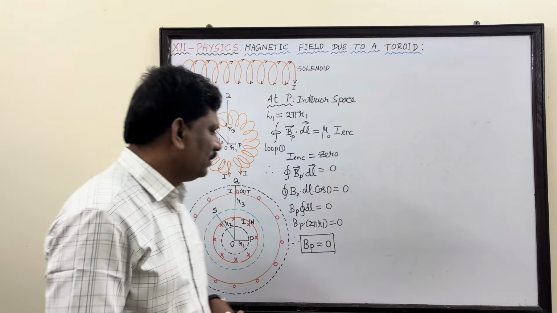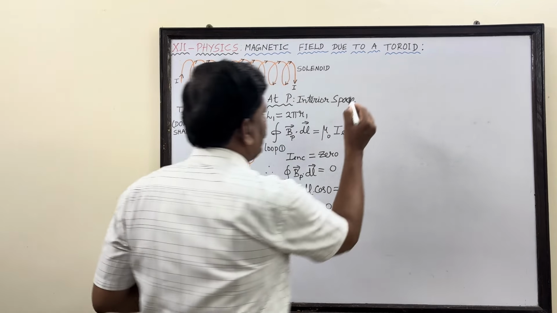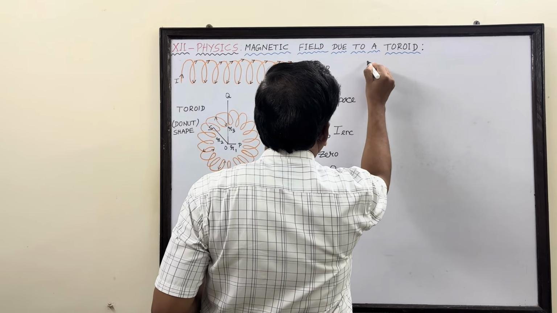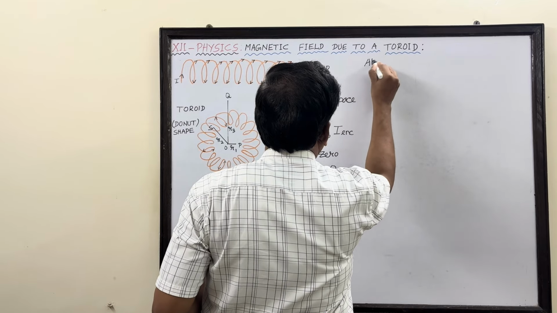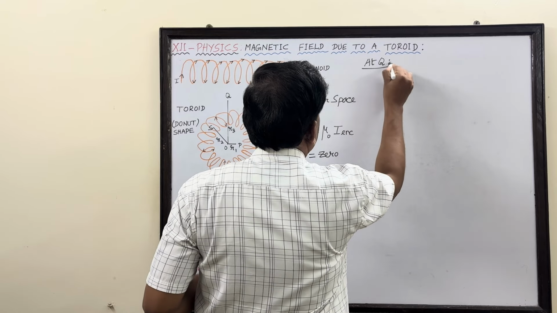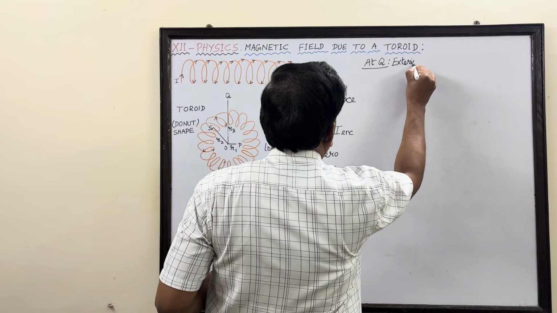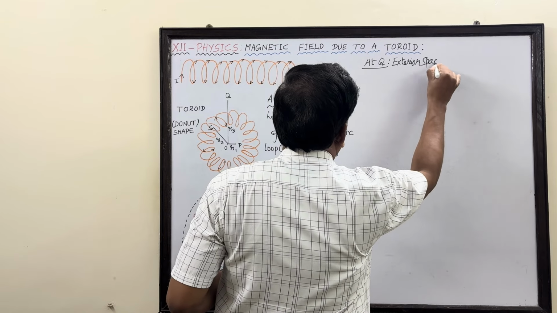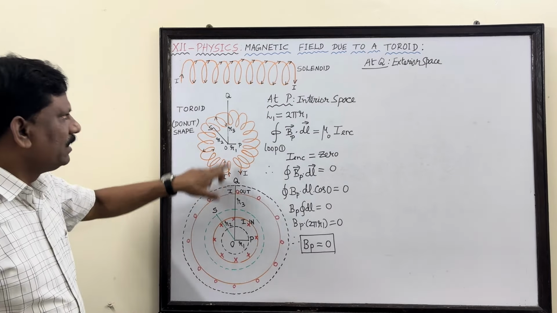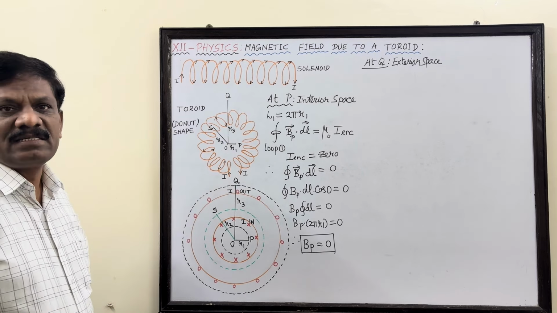Okay. Now let us take another point in the exterior space. So I will take point Q. So at Q, this is in the exterior space. We can see that Q is lying at a distance R3 in the exterior space.